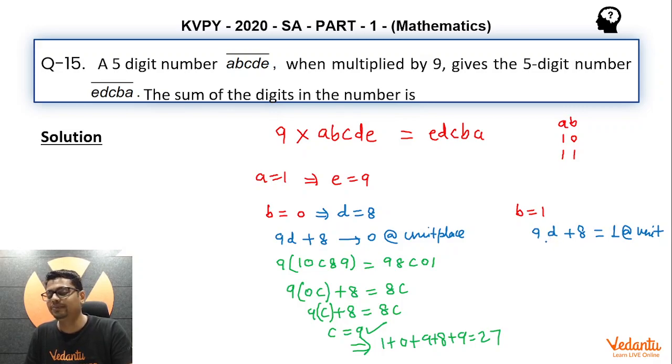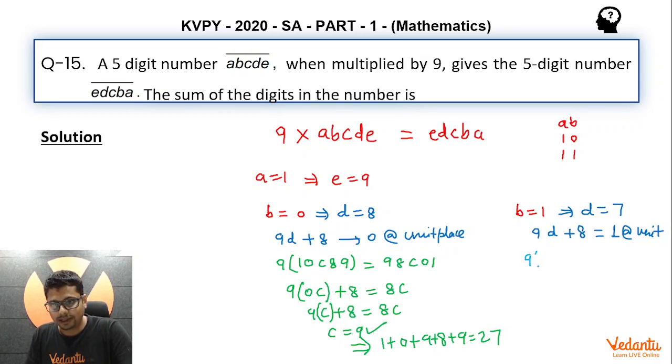You may check for D by putting 0, 1, 2, 3, and so forth. You'll realize that when you take D to be 7, 9 times 7 is 63 plus 8 is 71, and that's what you get, 1 at the so-called unit place. So that essentially means D has to be 7. Now let's go by the same understanding.